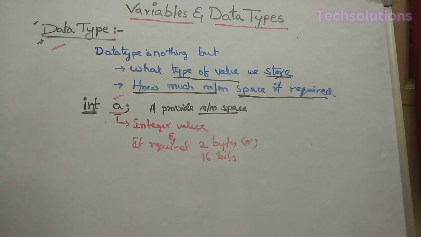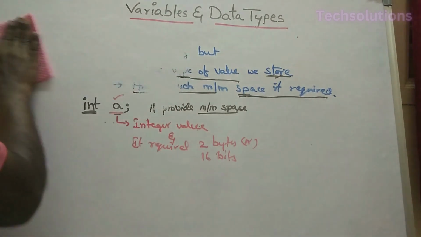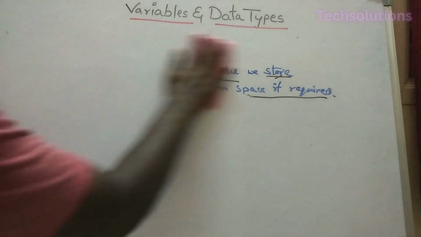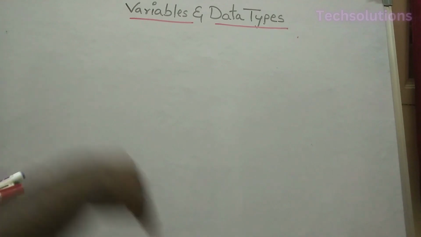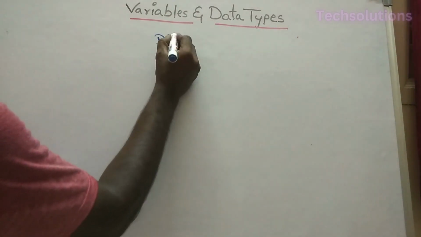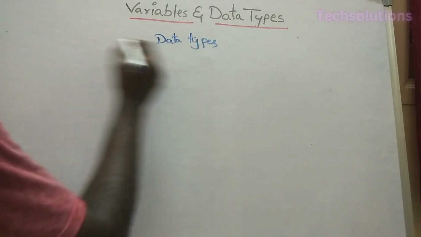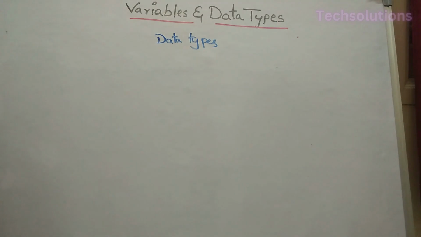Now we can see the different types of data types. Mainly there are 3 types. What are the three types?